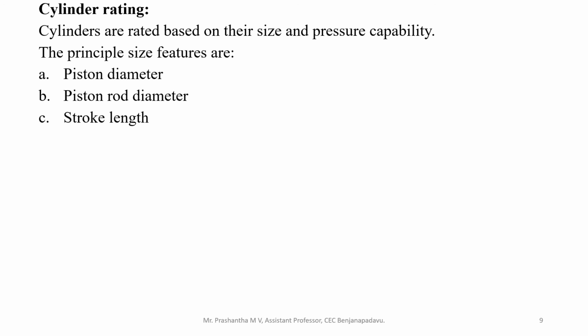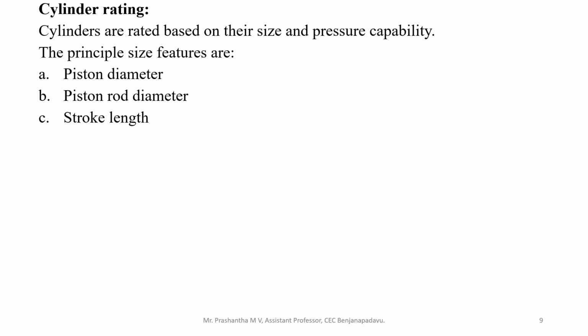The principal size features are the diameter of the piston, diameter of the piston rod and stroke length. Here, you had seen in the previous diagrams the diameter of the piston and piston rod diameter.